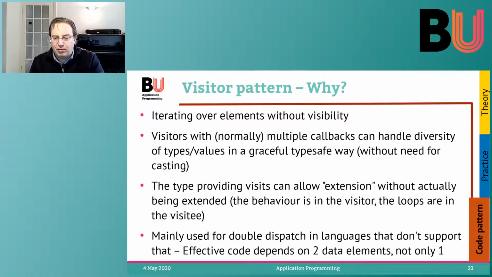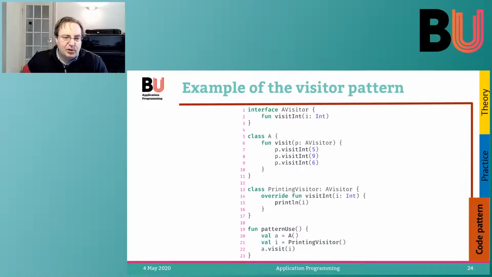So what does this look like? In this case, I could have added multiple visit functions. We have a visitor that implements a visit function, and then we have another class that uses the visitor, and it will just call the visitor with a number of parameters. It could do something more interesting and have some state that it passes, but in this case it doesn't matter.